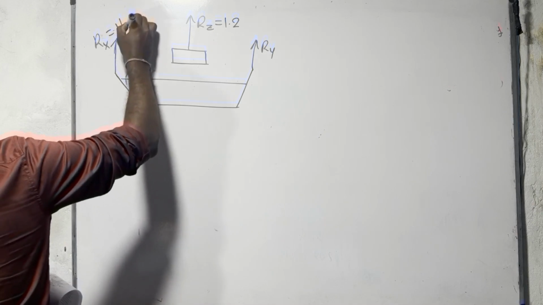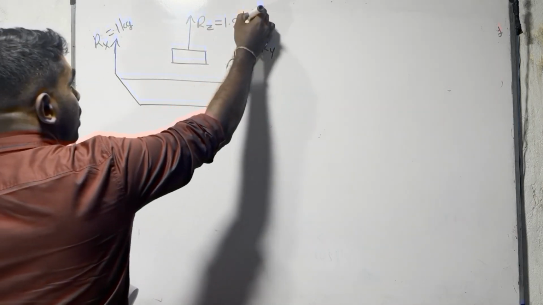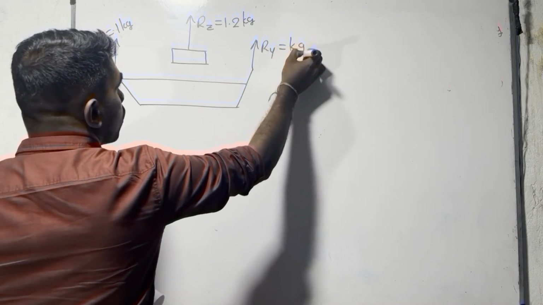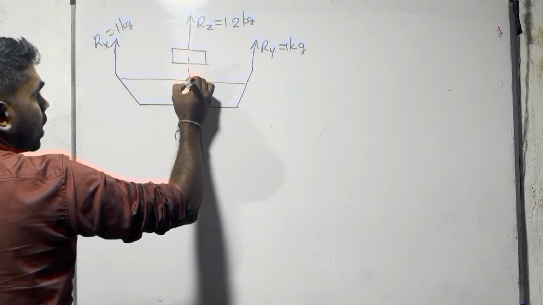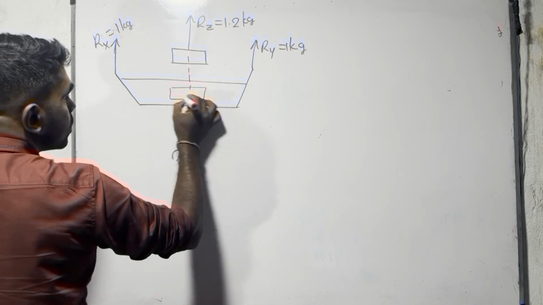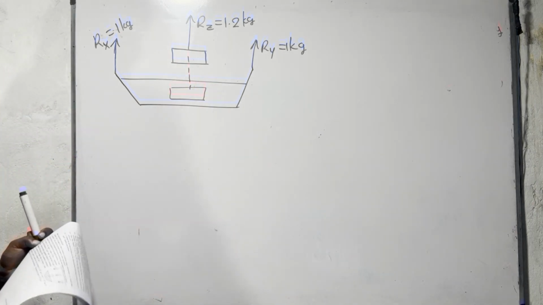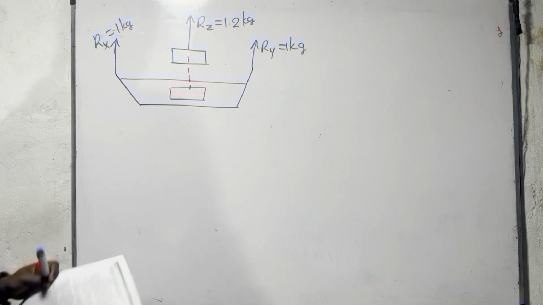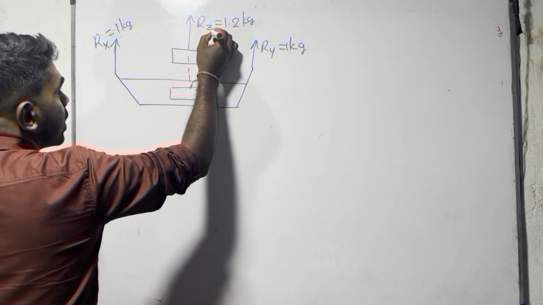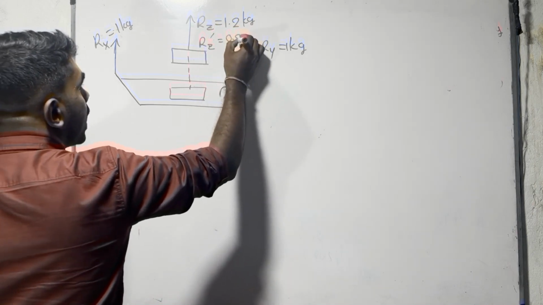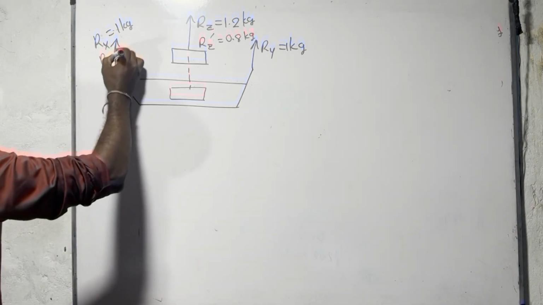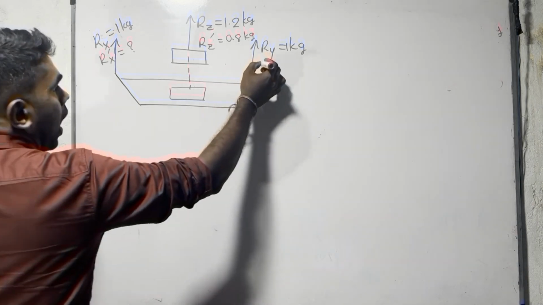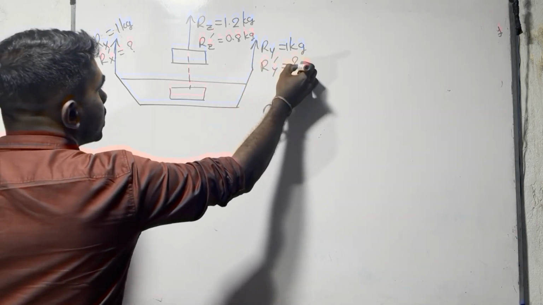Rx is 1 kilogram. They have given all values in kilograms. This one also 1 kilogram. For the second situation, this block is immersed in water. After immersion, reading of Z, I will consider Rz dash, is 0.8 kilograms, and Rx dash is the new reading, Ry dash is the new reading for this one.